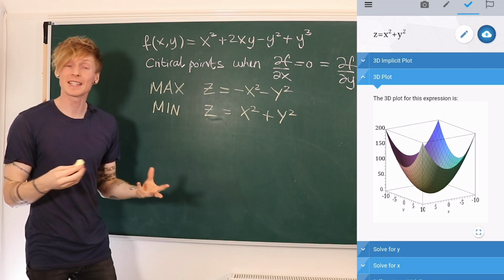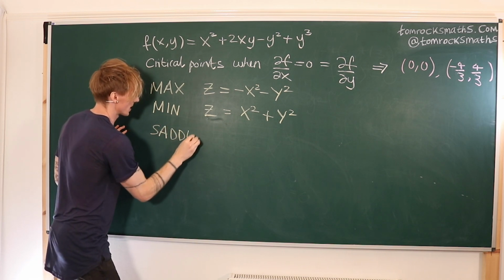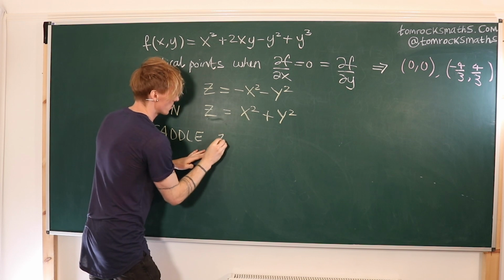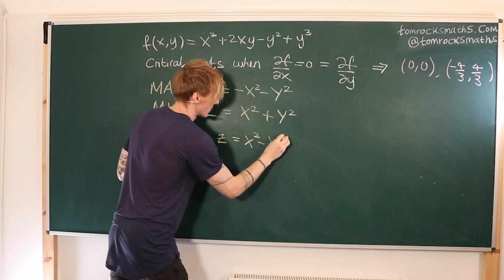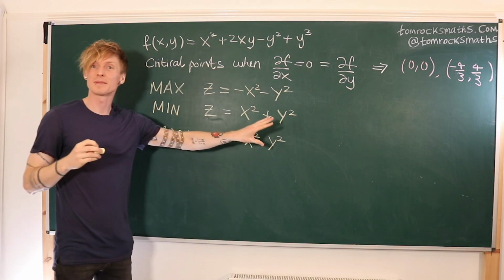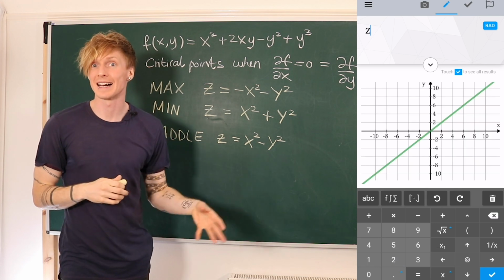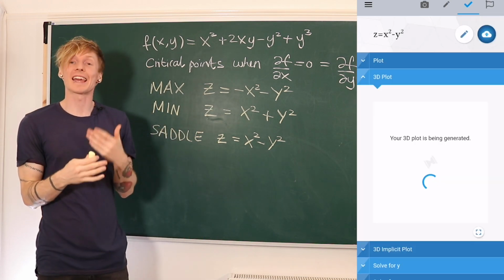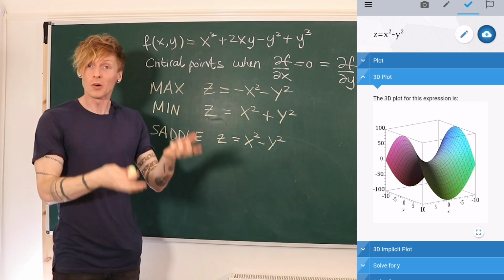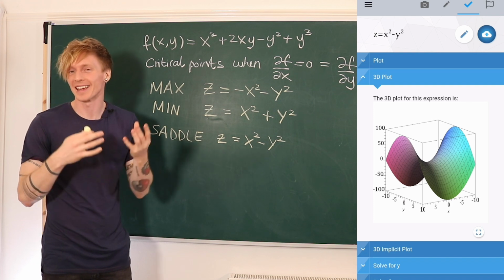And then we have the saddle, which can be shown by plotting z equals x squared minus y squared. What we've done here is make the x squared and y squared terms have alternate signs. As the name suggests, it looks like a horse's saddle, or if you're like me and you enjoy Pringles, it kind of looks like a Pringle.